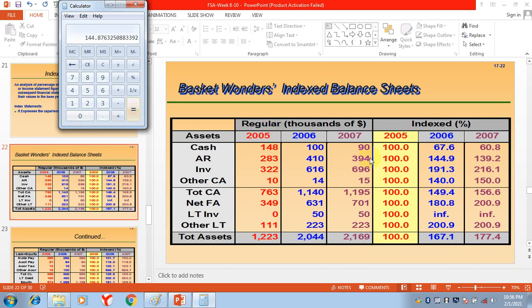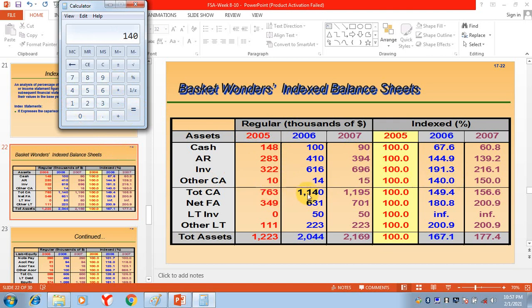So we got 144.9. Same is the case of this: 616 divided by base year 322, multiplied by 100. So we will get 191. Same is the case of 14 divided by 10, multiplied by 100. So we got 140.